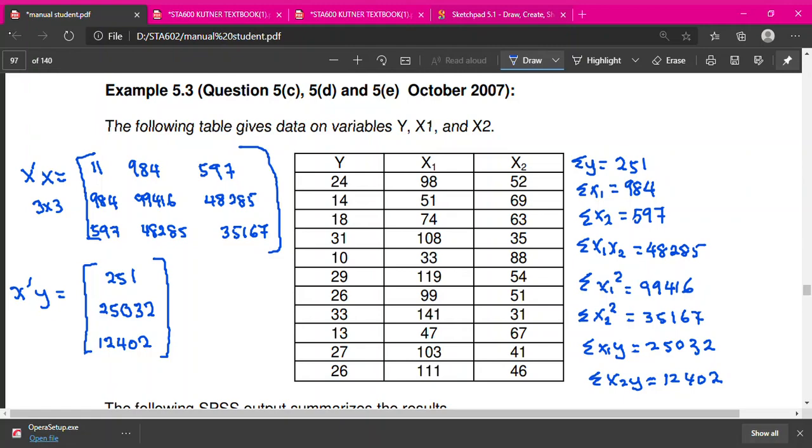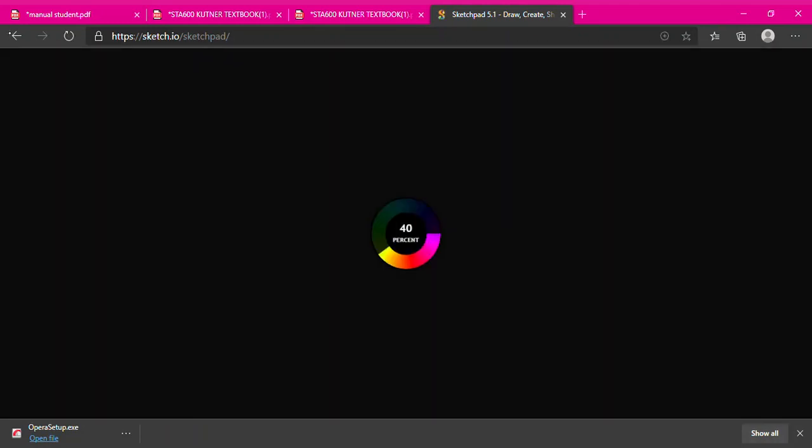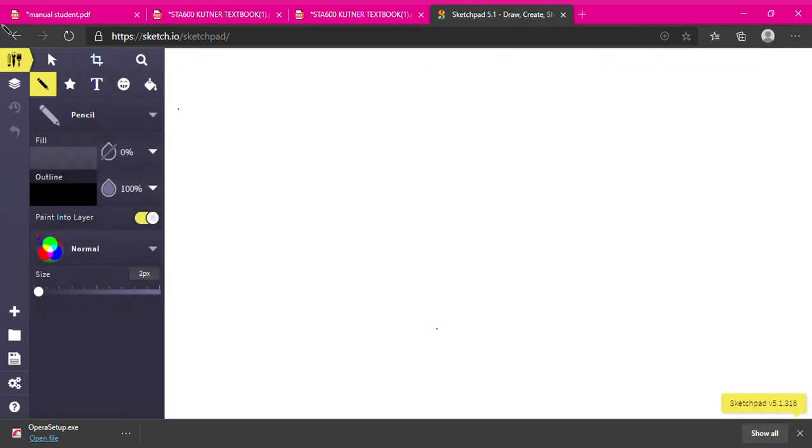Okay, I put here the matrix X transpose X inverse. The first entry 1 1, first row, first column, it is 19.9537.